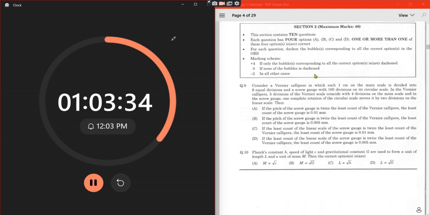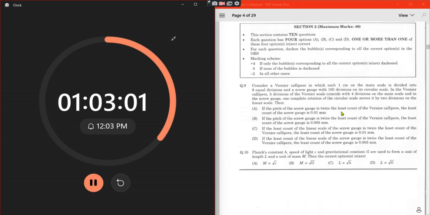And in the screw gauge, 1 complete rotation of the circular scale moves it by 2 divisions on the linear scale. They haven't given anything for the screw gauge, like the units of the main scale divisions. Okay, fine. If the pitch of the screw gauge is twice the least count of the vernier caliper, then the least count of the screw gauge is 0.01.